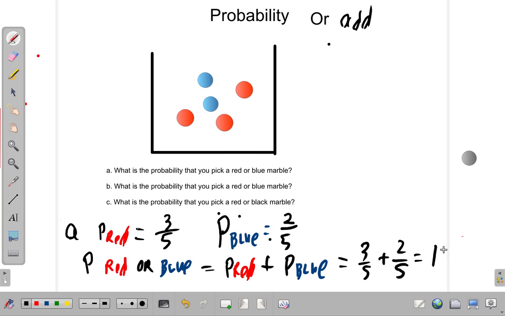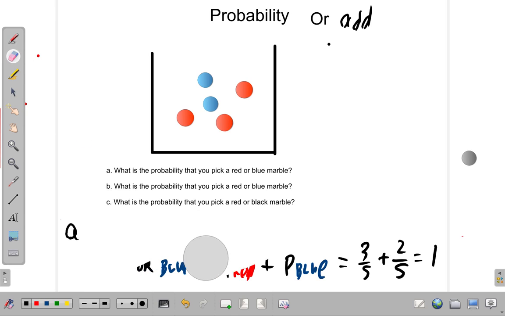So that's why it amounts to 1 in this case. The 3/5 would have been, what would it be, 60%, and the 2/5, 40%, 60% plus 40% is 100%. All right. So that was part A.